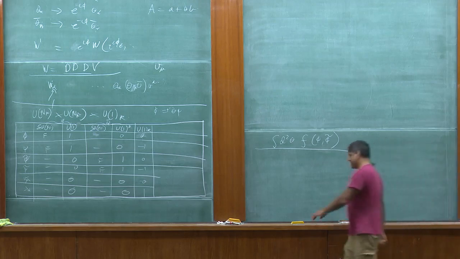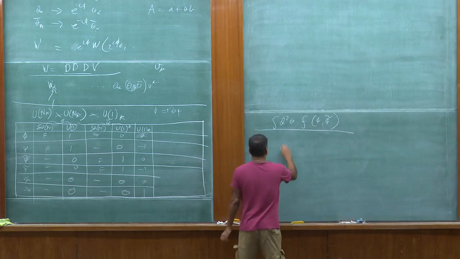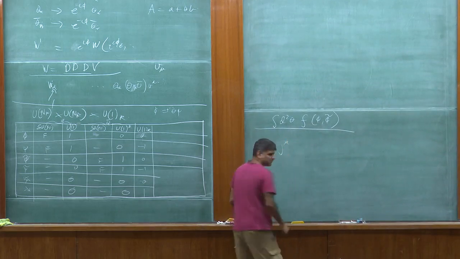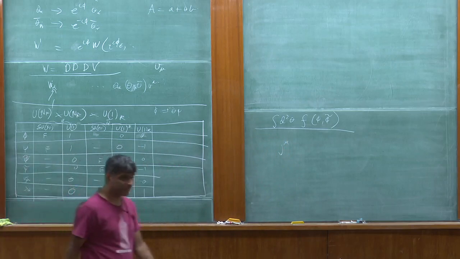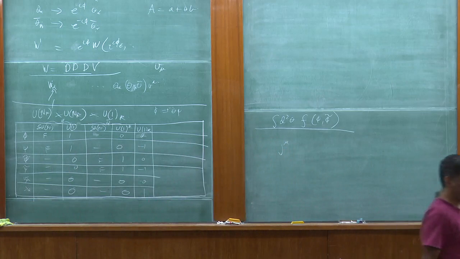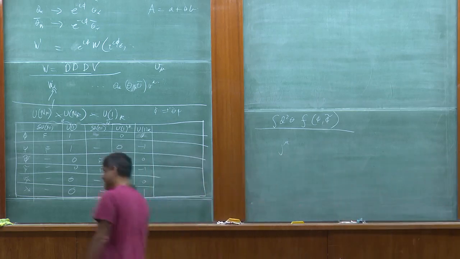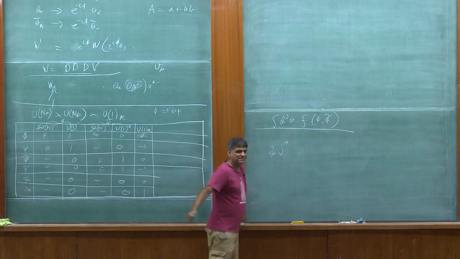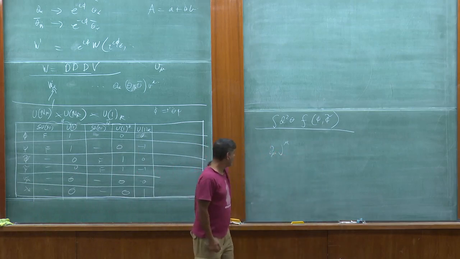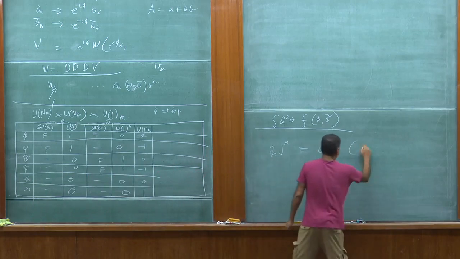Let me remind you that, suppose you take a current of some global symmetry. Could be SU(N_F), could be U(1)_R, could be U(1)_B, whatever. And in the quantum theory, if you compute del mu J mu, this is zero classically.